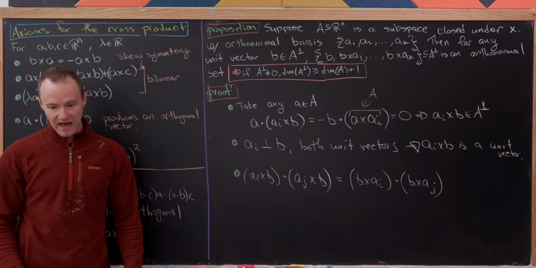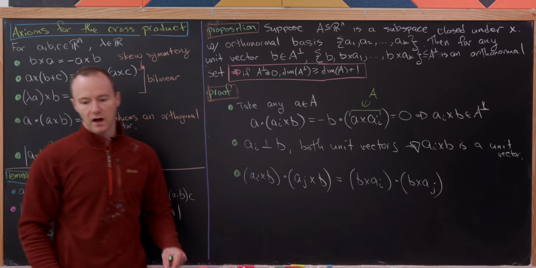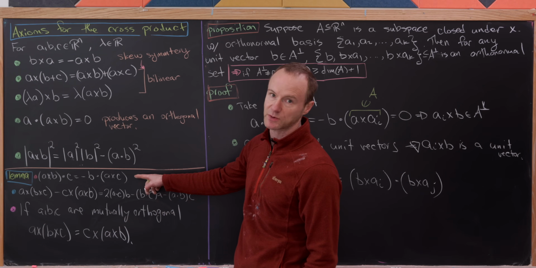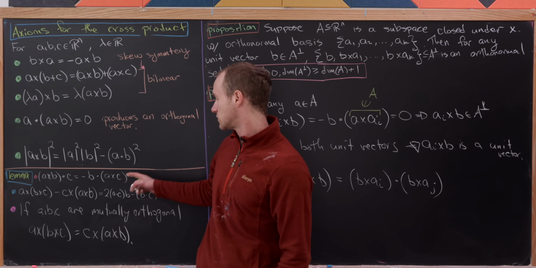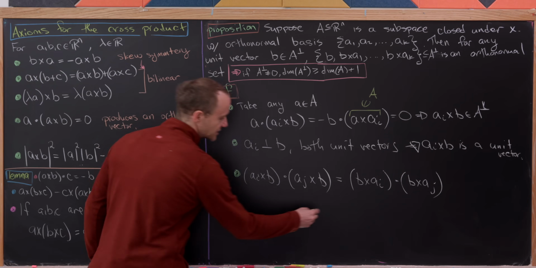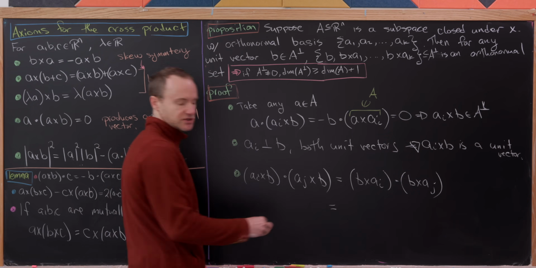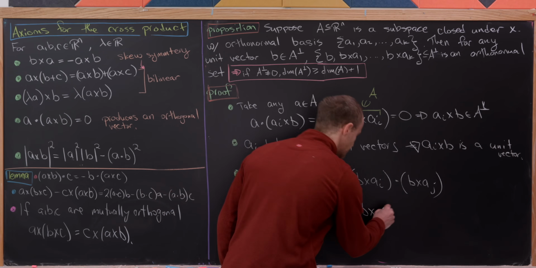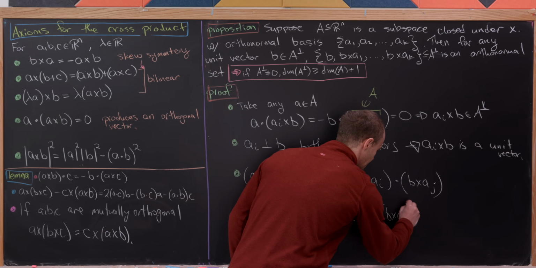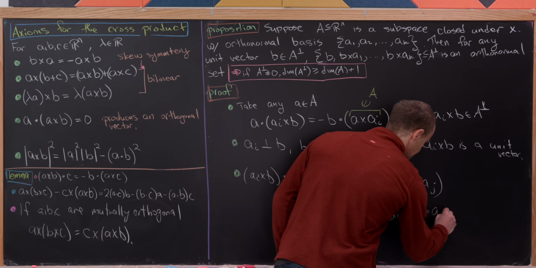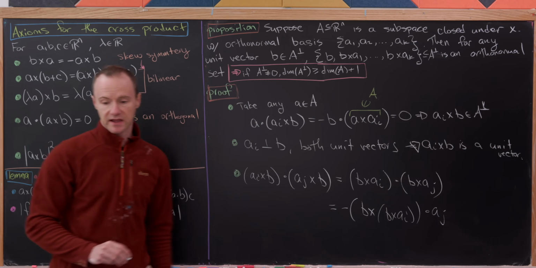Okay, there we have that. And then, well, we've got this interaction rule of the dot product with the cross product, which we can use here. So let's use this rule right here. And that's going to turn this right-hand side into minus, let's see, we'll have b crossed into b cross a_i, and then all of that is going to be dotted into a_j, like that.